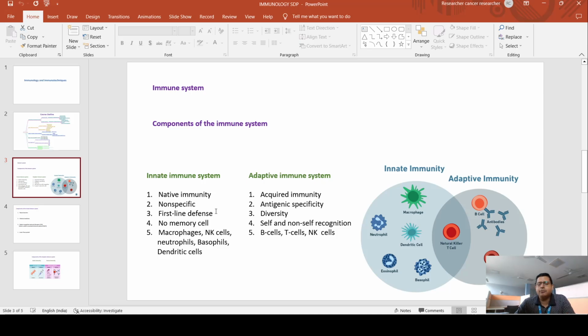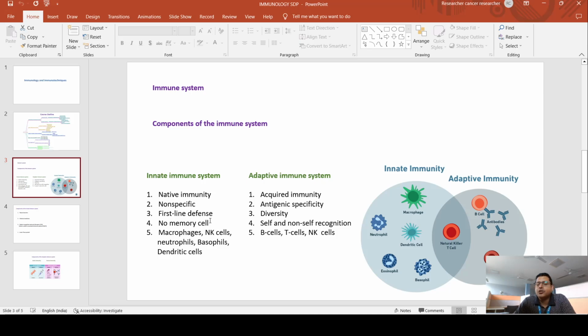It is the first immune system which acts against disease, so it is considered the first line of defense. But the most important thing is that it does not keep memory cells. You realize that when you are infected with measles or any viral disease, our immune system stores the memory. So at the second time of attack, it can produce the antibody easily and fight against the pathogens.